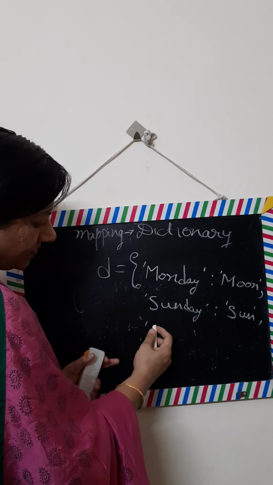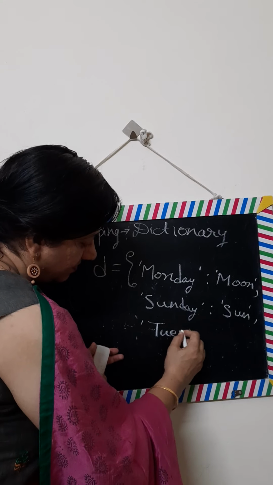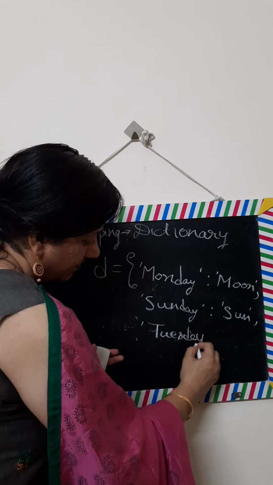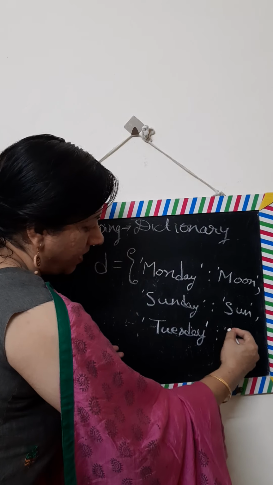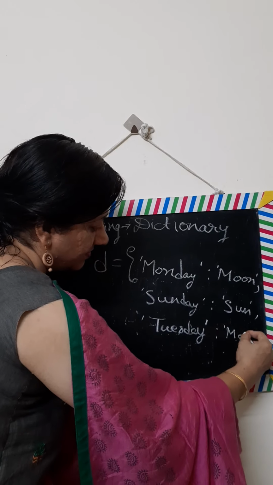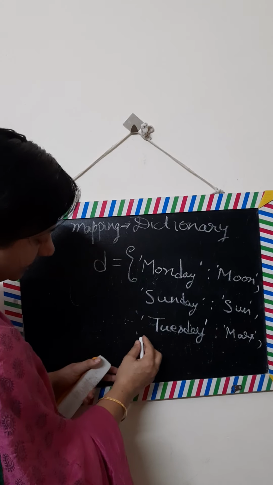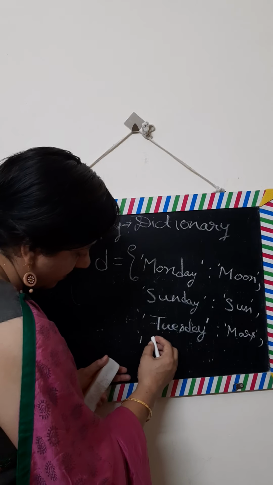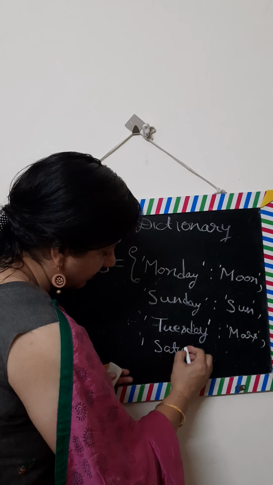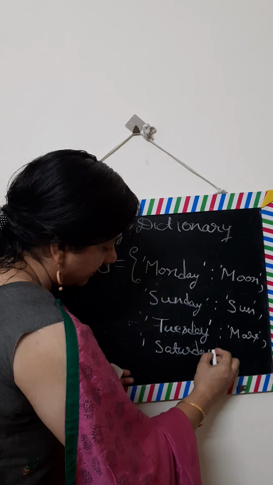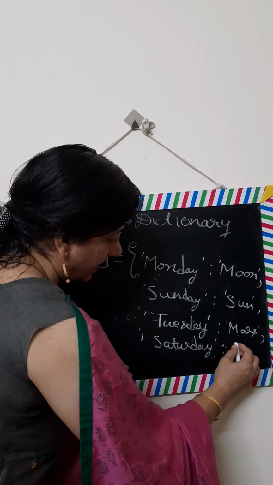Let's say Tuesday, in single quotes, and I say Mars, comma. If I say Saturday, and I give colon, and let's say Saturn.